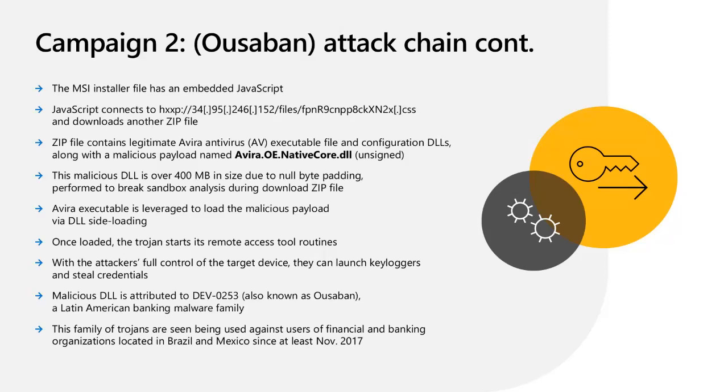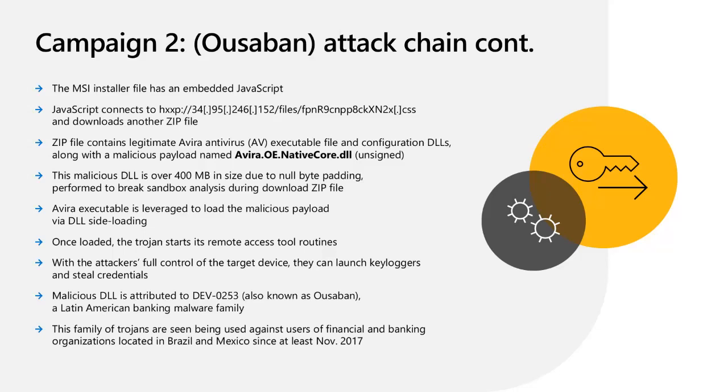Avira OE native core.dll. So this is an unsigned DLL. One of the factors of this DLL is that its size is 400 MB. That is because it has null bytes padded in it.